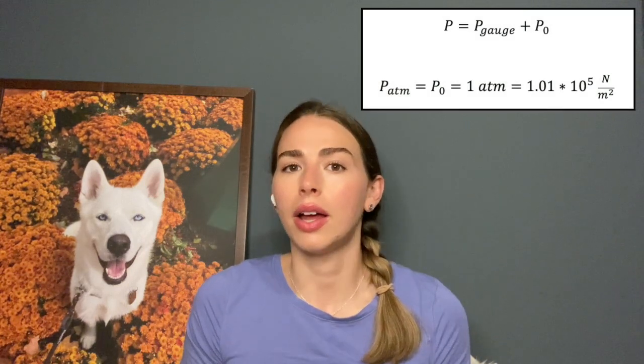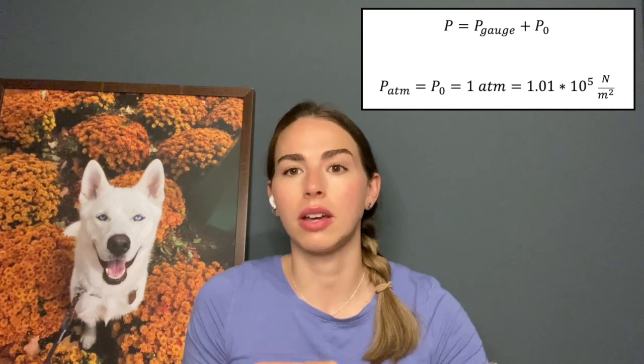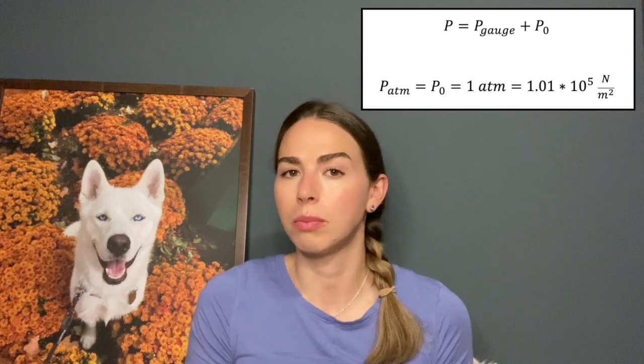Oh, the only thing I forgot to mention is the difference between absolute pressure and gauge pressure. Gauge pressure doesn't take into account the atmospheric pressure. So absolute pressure is equal to gauge pressure plus the atmospheric pressure, which typically we think of as 1 atm being the unit.